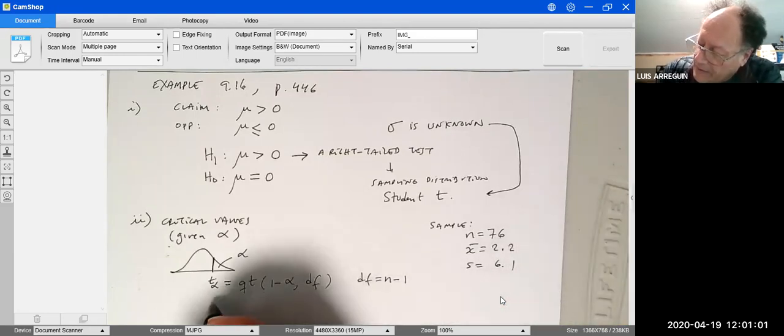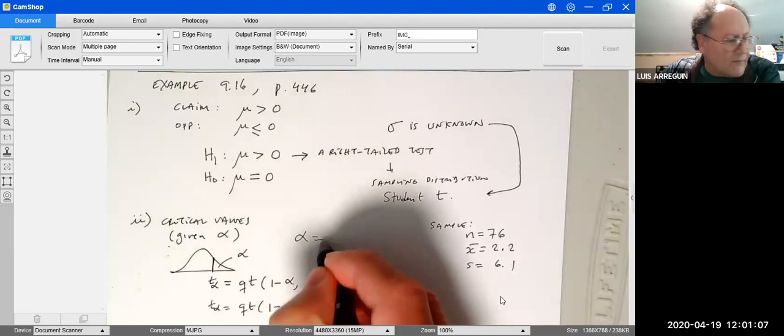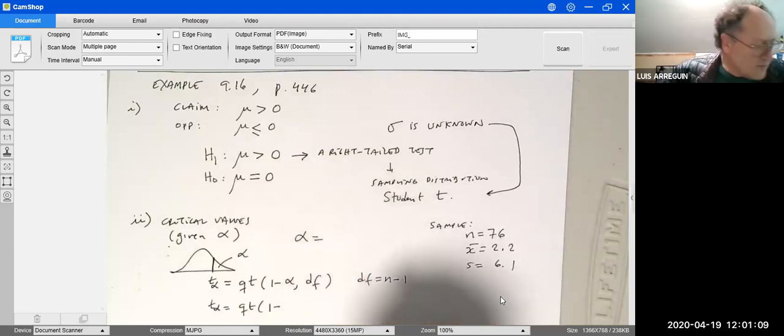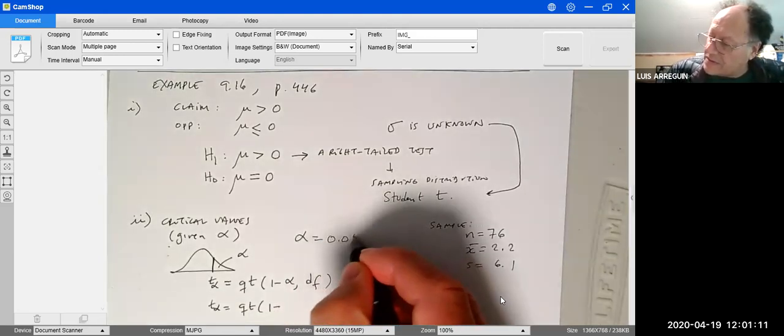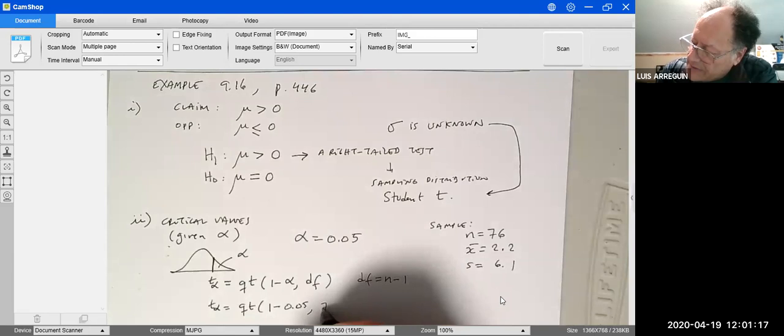So our critical value T alpha is going to be Qt of 1 minus alpha. Alpha is also given as 0.05, so we need to write 1 minus 0.05. Degrees of freedom is going to be 76 minus 1.